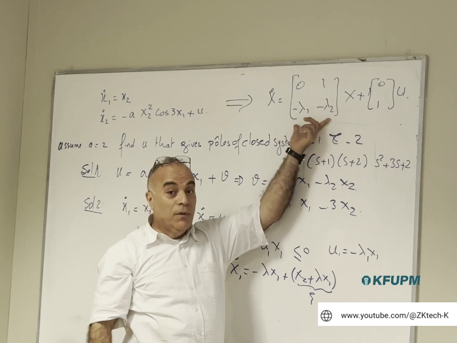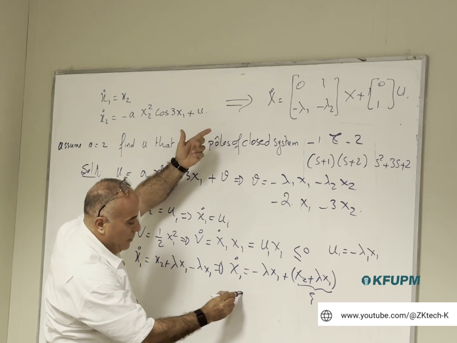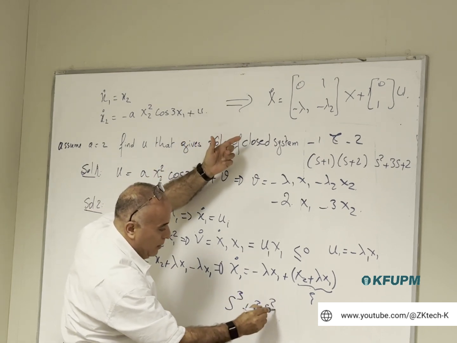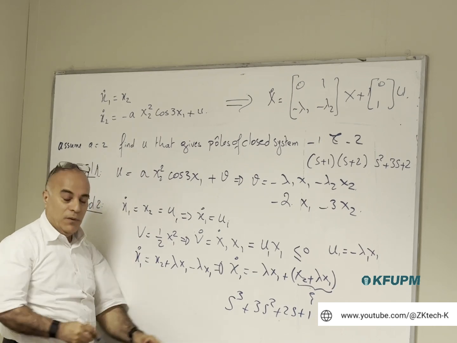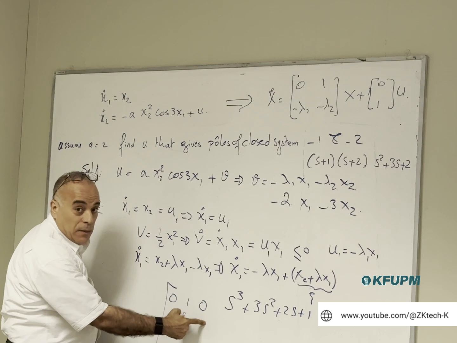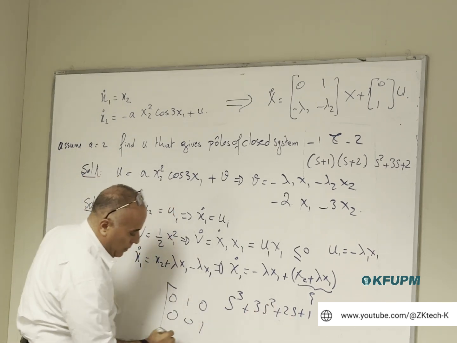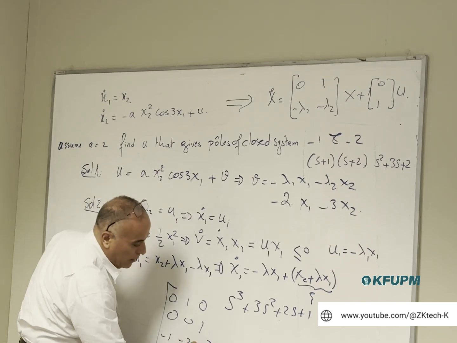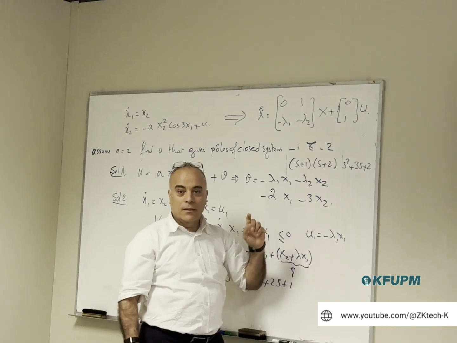This is the canonical form. If I have a system with the characteristic equation s cubed plus 3s squared plus 2s plus 1, and somebody asks me to build the canonical form, it will be this way: 0, 1, 0; 0, 0, 1; then I take the coefficients, minus 1, minus 2, minus 3. This is the canonical form. So this is how we wrote it. Okay, got you. Thank you.